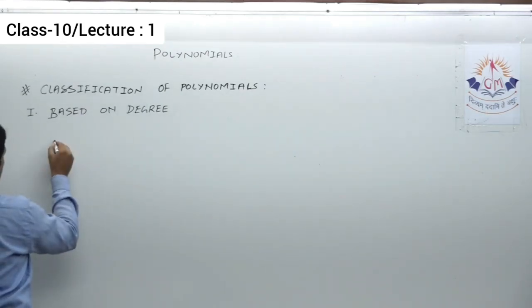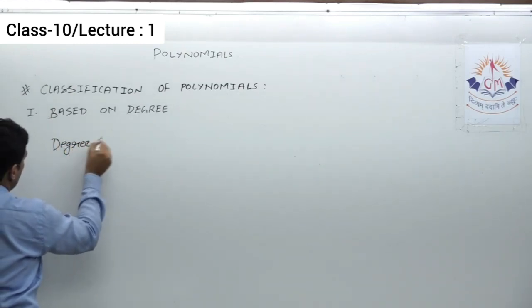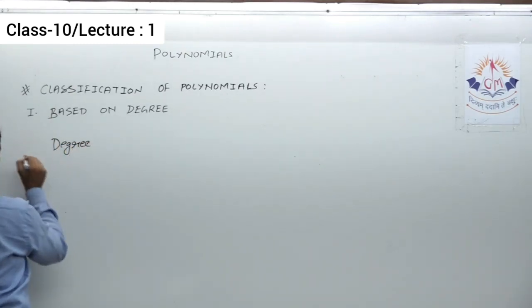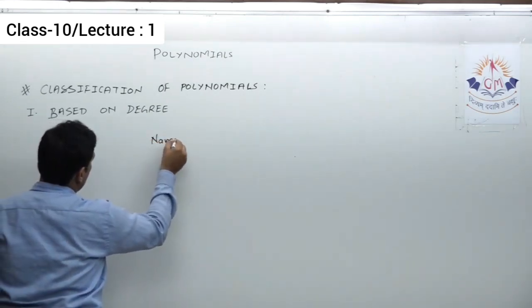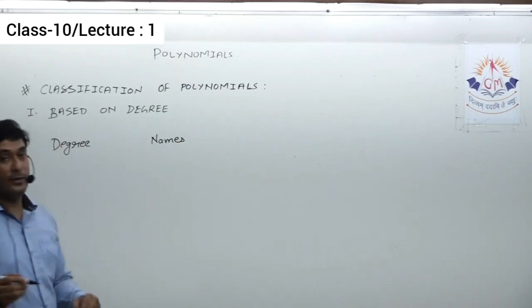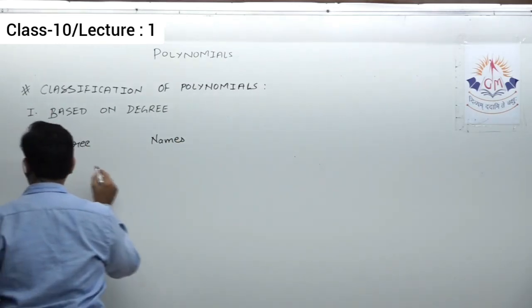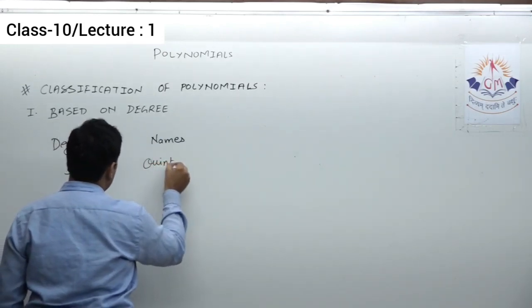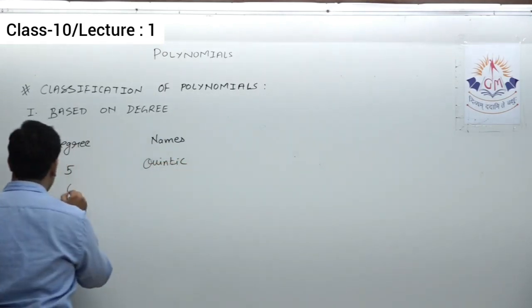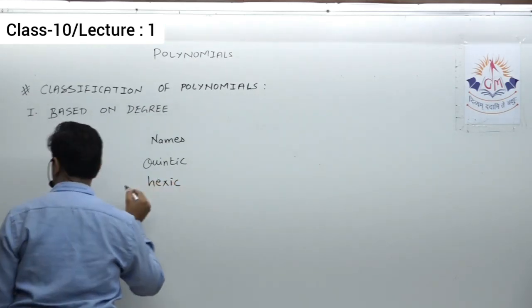So we'll see over here. Here I am writing the degree, and over here their names. If a polynomial has degree more than 4, if degree is 5, then it has the name quintic. If degree is 6, it is known as hexic.